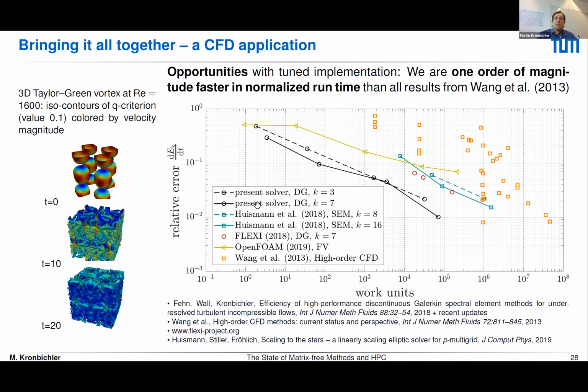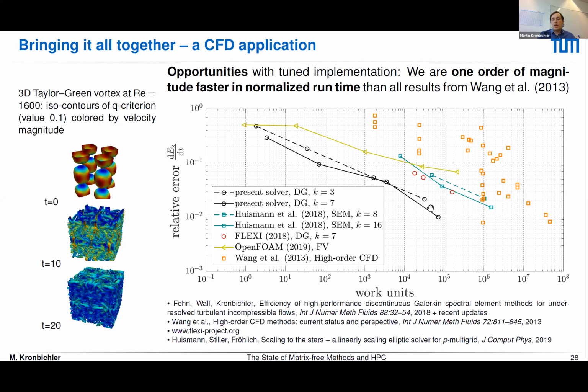Just a final result here. This is from the CFD research that we are doing. This is a plot with the work on the x-axis and the final application error for some flow in 3D, in a logarithmic plot. So you want to be in the lower left of that figure. It has been a benchmark effort by the community. They have normalized the time so you can compare different computers.